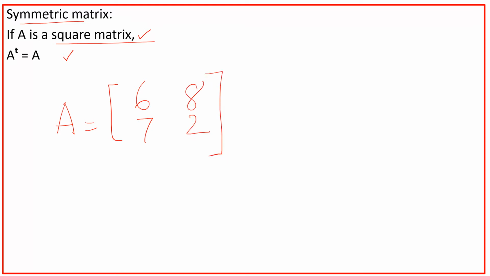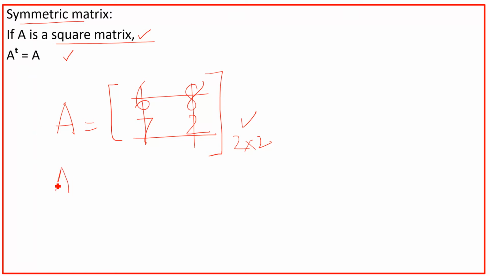Suppose again we have this matrix A. The question is whether it is a symmetric matrix or not. First you have to check that it is a square matrix, that the number of rows is equal to the number of columns. Yes, so the first condition is satisfied. What is the second condition? A transpose, and we have discussed transpose.